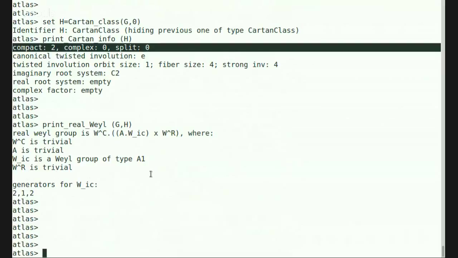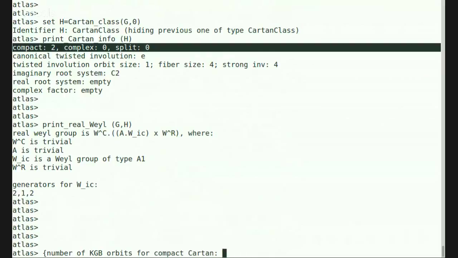So that says that the order of this Weil group is 2. And so the number of KGB orbits for the compact Cartan is, well, it's 8. Let me write it this way. It's 8 divided by 4.